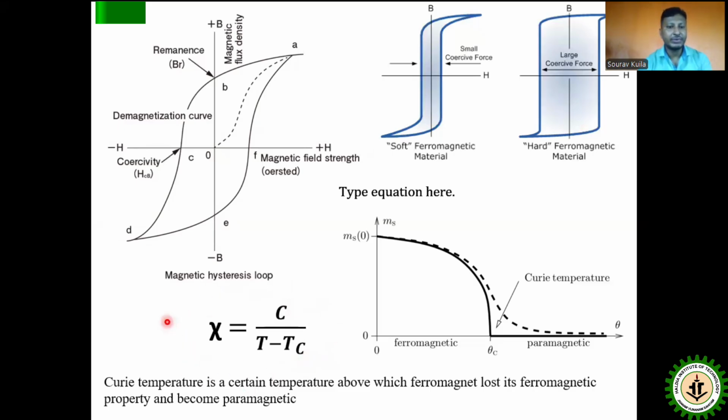Here chi is the magnetic susceptibility, as I told before, and C is the Curie constant. T is the absolute temperature, and Tc is the Curie temperature, shown here as theta C.